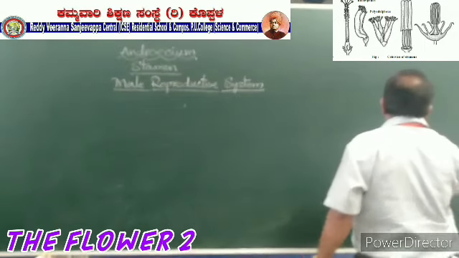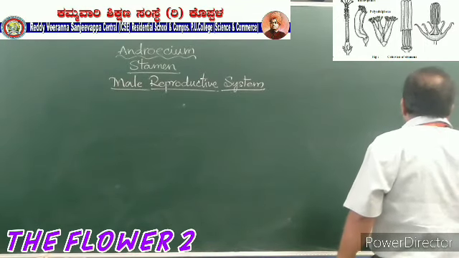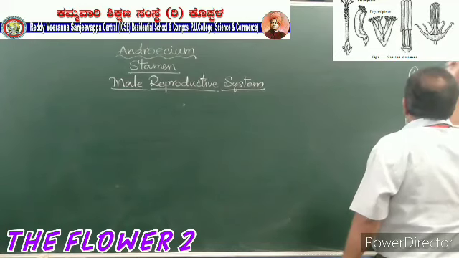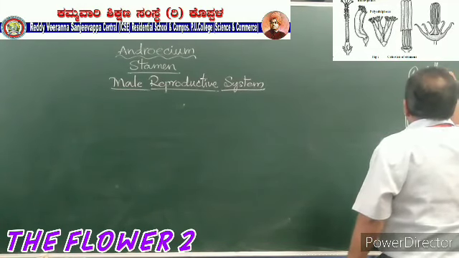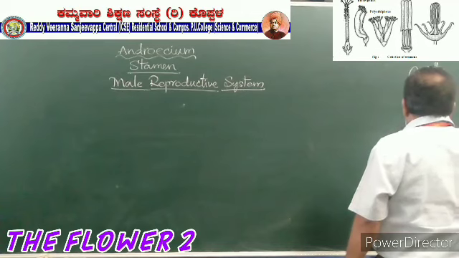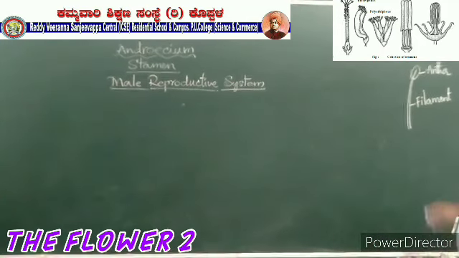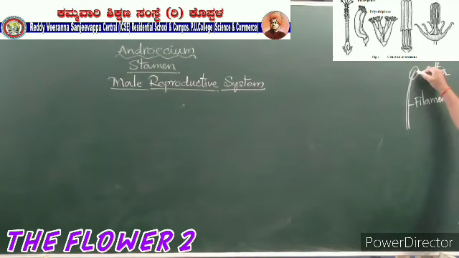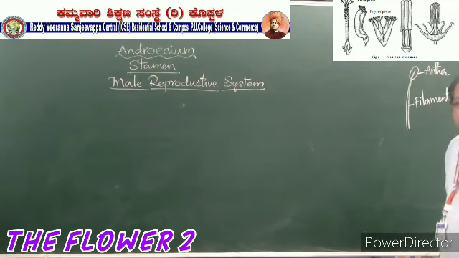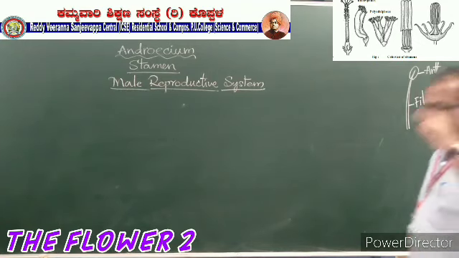This is the filament, this is the anther. The filament is attached to the anther at various places, so based on this attachment of the filament at the anther, the stamens are of different types.